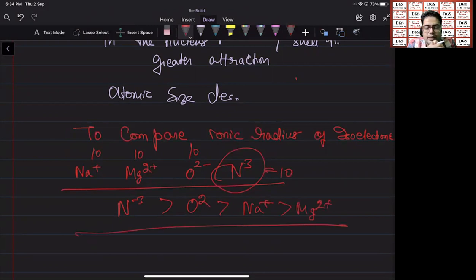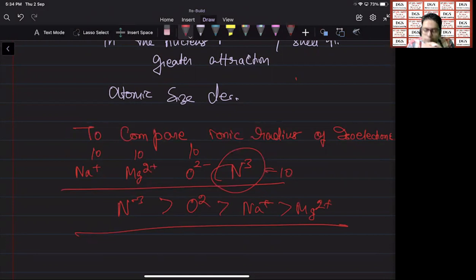Another reason is, in case of Mg2 plus, we have 12 protons and only 10 electrons. So that powerful nucleus will attract these electrons towards itself more than that of sodium, because sodium contains only 11 as compared to 12 protons in magnesium.